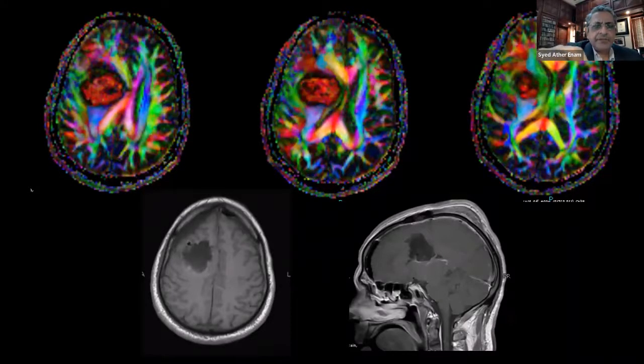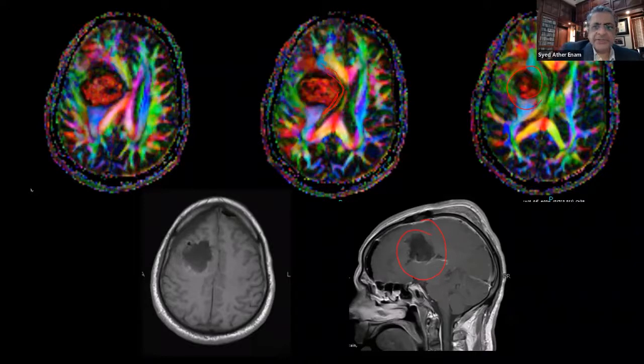But in this case, it was a GBM. Even if I did not have this, where it shows, yes, it is pushing onto the internal capsule and all that, you can still get an idea by looking at the images. And if you do a subcortical mapping, you can prevent this. And here it was a gross total resection of a GBM with intact neurology.